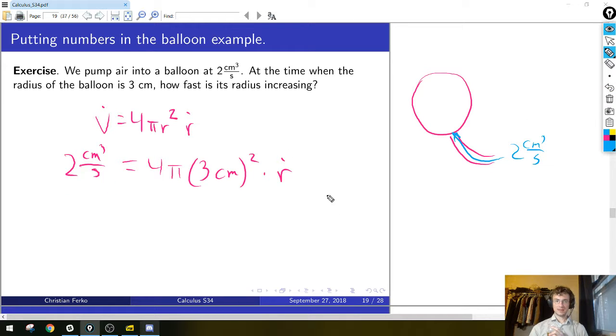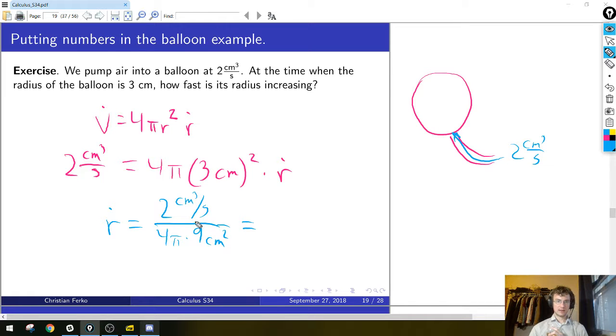Okay, so let's solve this for r dot. Now, what do we get for the time rate of change of the radius? Just by algebra, this is going to be 2 centimeters cubed per second all over 4 pi times 3 centimeters squared. So 4 pi, I'm going to square this, so that's 9 centimeters squared.